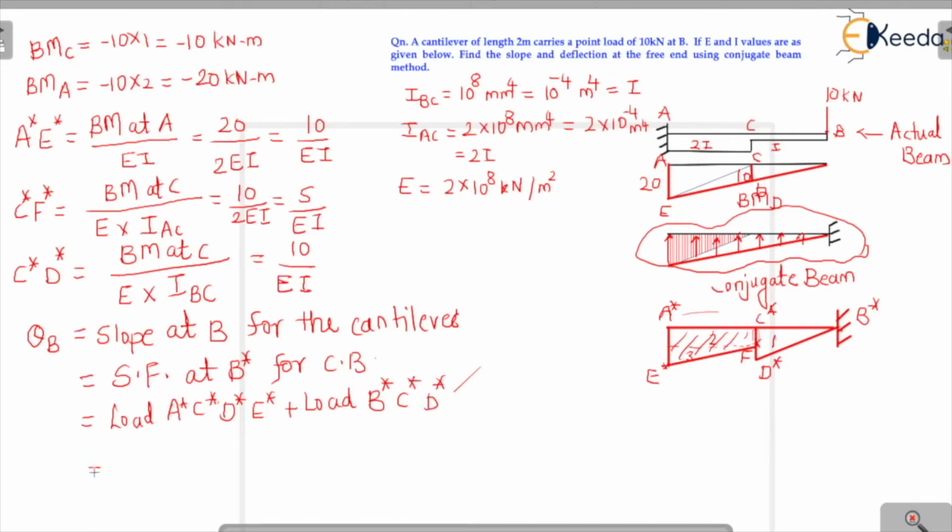Now what is the area of the trapezoid? That is half of A star E star plus C star F star, into the length A star C star. This is the area of the trapezoid, plus the area of the triangle, half of B star C star into C star D star. Okay, let's go to the next page. So here let us substitute values. 1 by 2, what is A star E star?